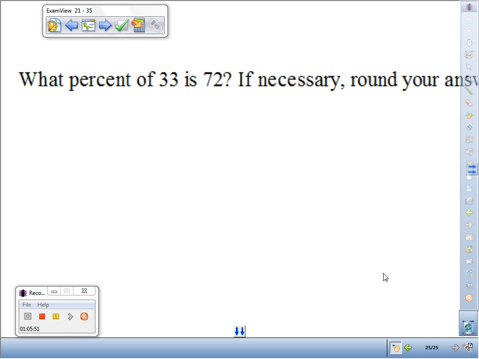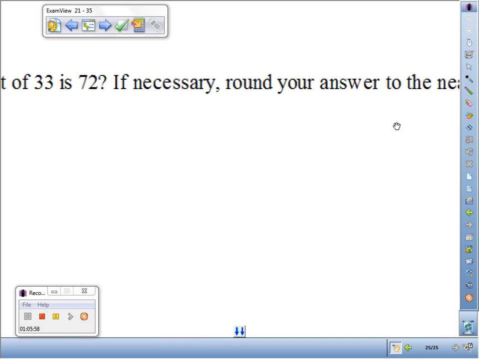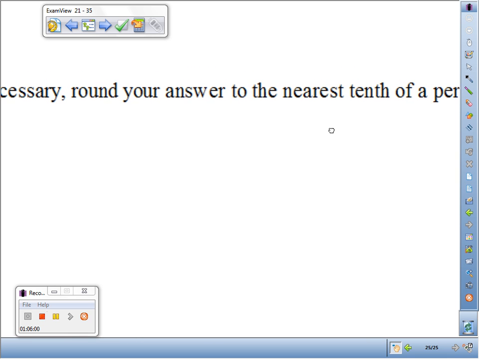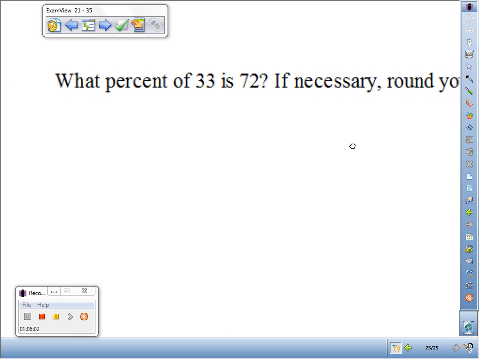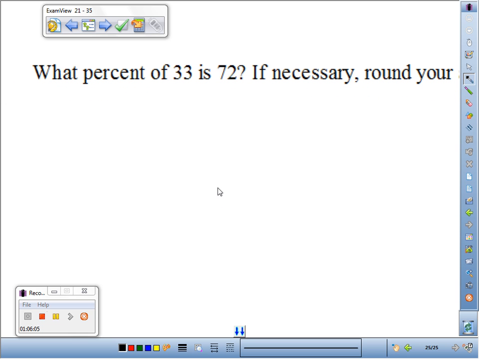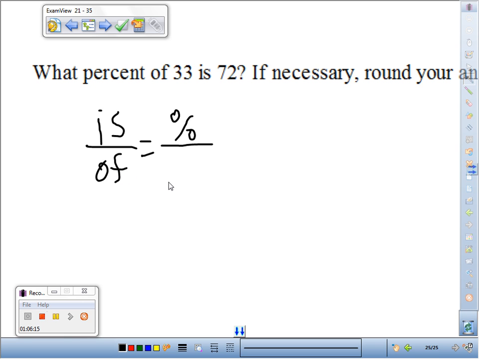Number 21. It says, what percent of 33 is 72? But notice the last part. Round your answer to the nearest tenth. Therefore, since they're asking for a percent, that means we're going to write our proportion as is over of equals percent over 100.